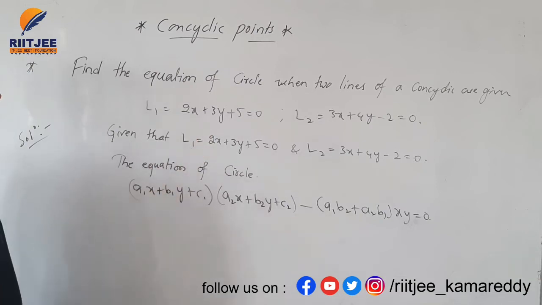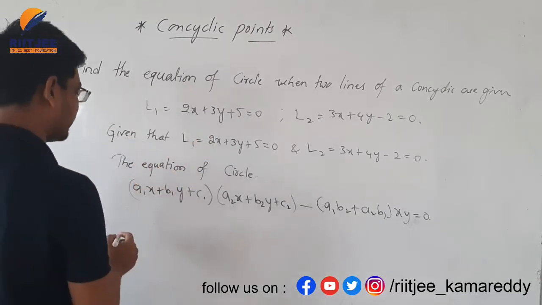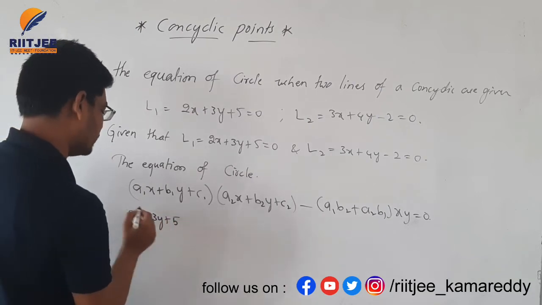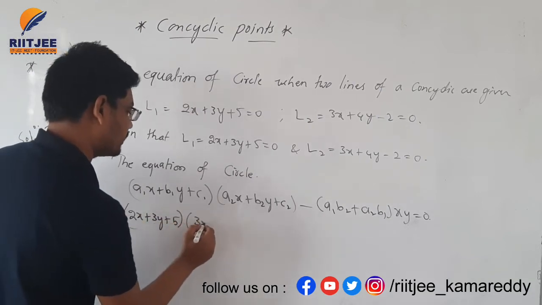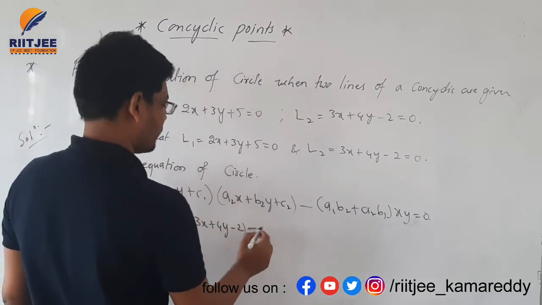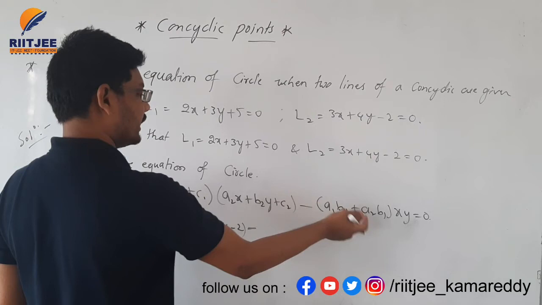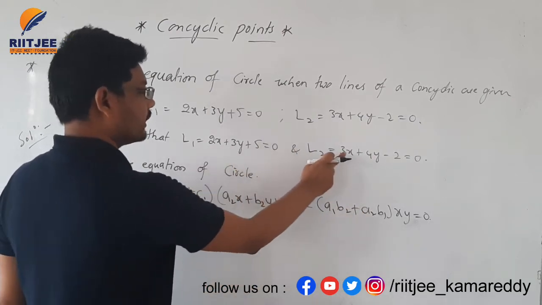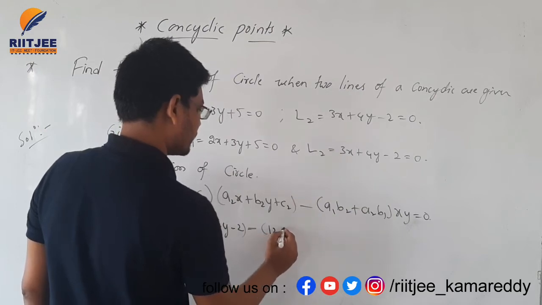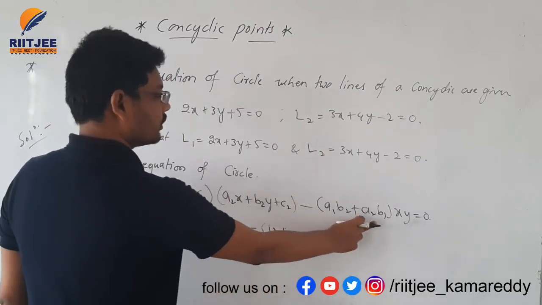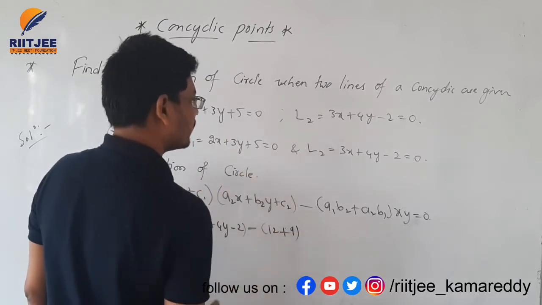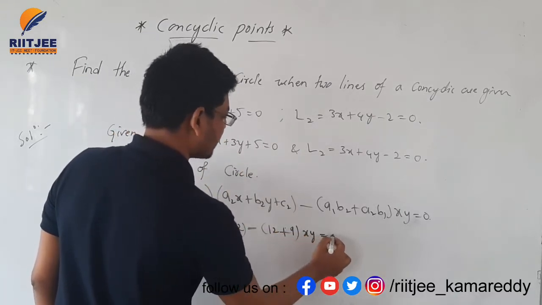Let's substitute the values of a1, a2 and the linear equations. (2x plus 3y plus 5) into (3x plus 4y minus 2) minus (a1 b2, 8, plus a2 b1, 9) into xy equals 0.